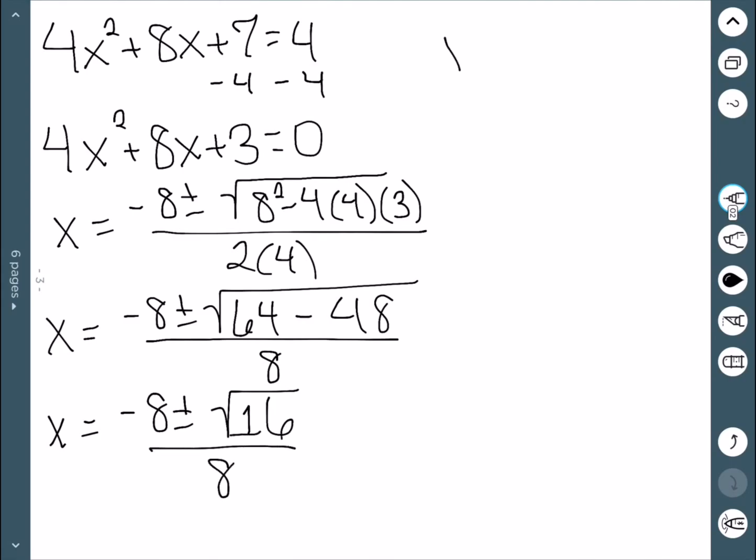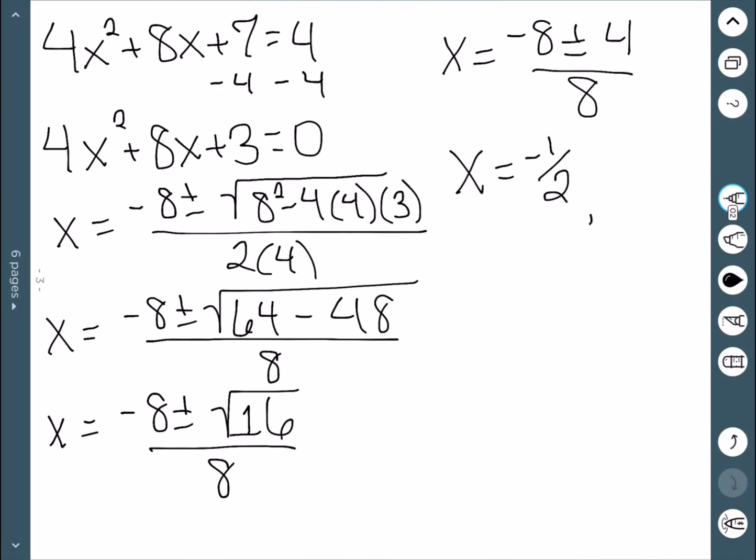We know the square root of 16 is 4, so now I have negative 8 plus or minus 4 over 8. So this gives us negative 8 plus 4 is negative 4, over 8 would be negative 1/2. Negative 8 minus 4 is negative 12, divided by 8 would be negative 3 over 2. So now we have our two solutions.